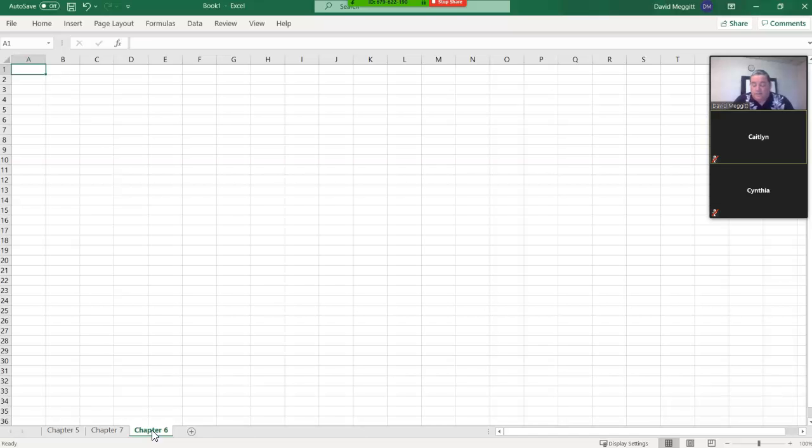When we look at the height and the weight, it's easy to see. We could actually set this up ourselves so you can see how to do it.